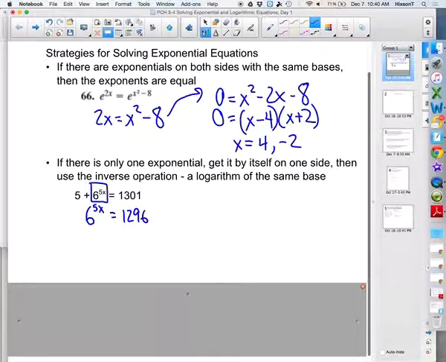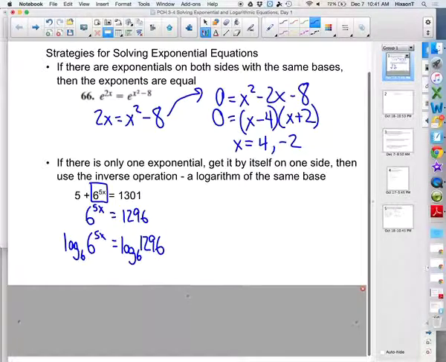Now that the exponential is by itself, what are we going to do? Log base 6. Good. Log base 6 of 6 to the 5x equals log base 6 of 1296. And this is just 5x.